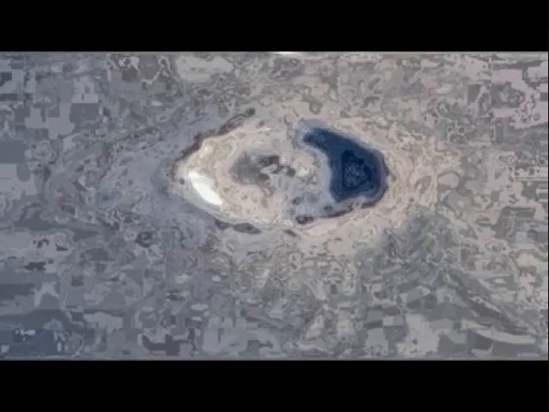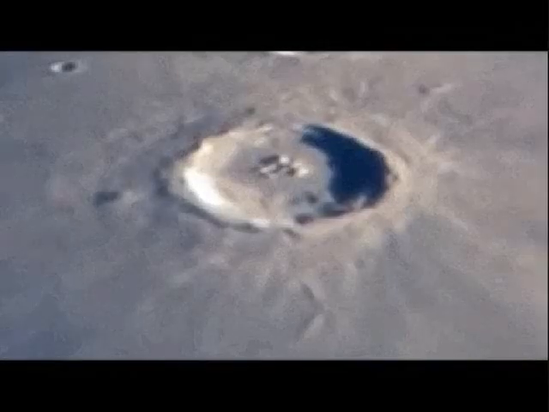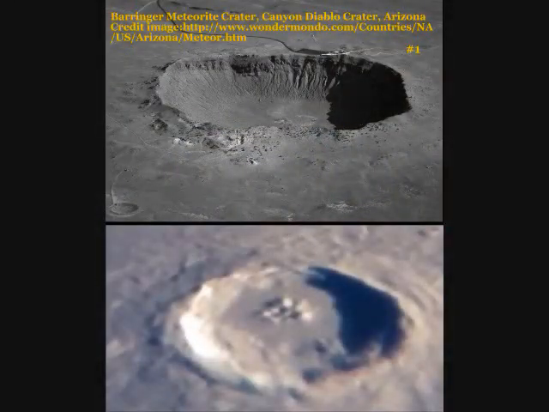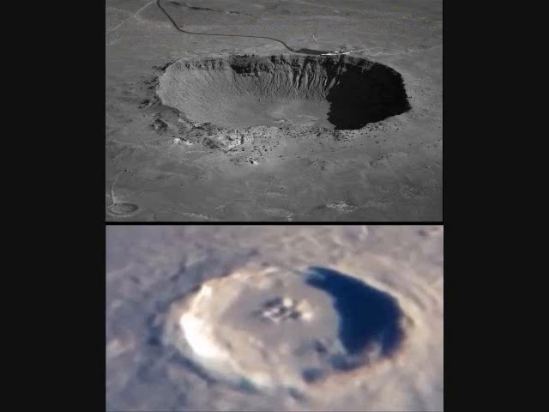And then we notice something else. It seems that the center of this shape has the same height as the rim around it. Look at it. According to scientists, here we have an Earth and a meteorite impact crater on the moon.